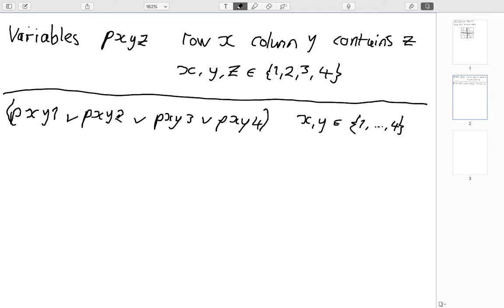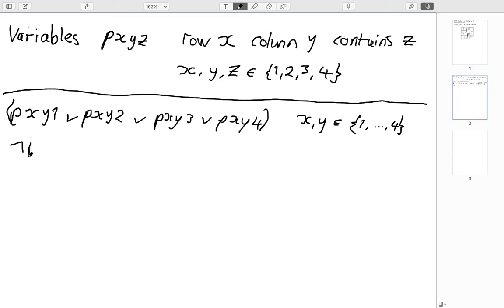So we've said we want at least one number in each square, but we also want to say we've got at most one number in each square. We don't want to have 2 different numbers in the same square. So we can do that by saying that for every pair of different numbers, m and n, the square x y cannot take both the values m and n.